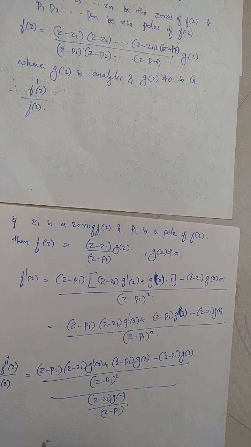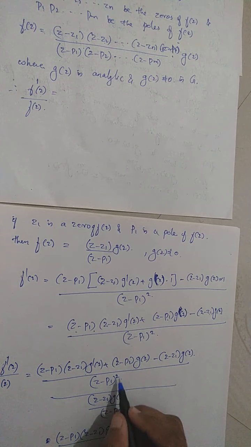So when you cancel all these terms, for the first term you get z minus p1 z minus z1 g dash z divided by z minus p1 and z minus z1 g z, since the square and this z minus p1 can be cancelled.